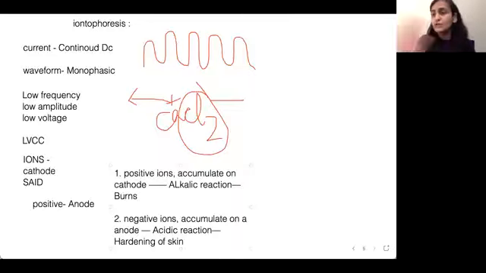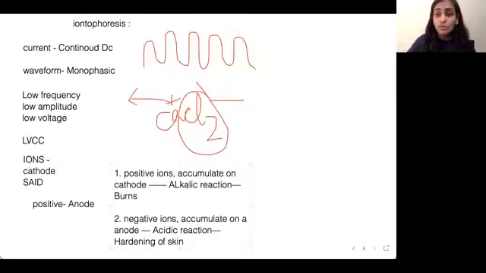The main thing for iontophoresis we already did, right? That was repelling the ions and making sure you get the respective ion where it has to go. But what about the other things that are there? They also attract and they cause some reactions. So positive ions, when they sit on the cat, that is the cathode, it gets furious and causes burns, an alkaline reaction. When negative ions accumulate on the anode, it causes an acidic reaction that can cause skin hardening or thickening of the skin. Again, not that dangerous.